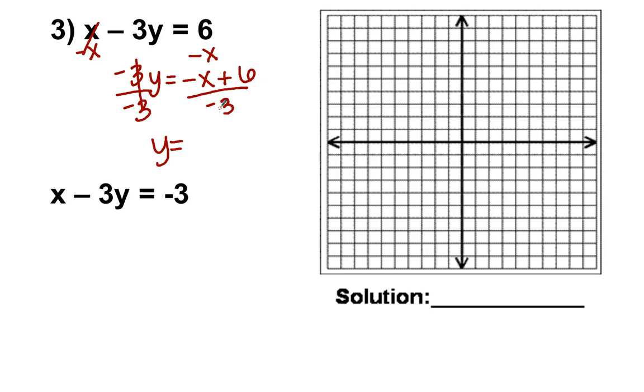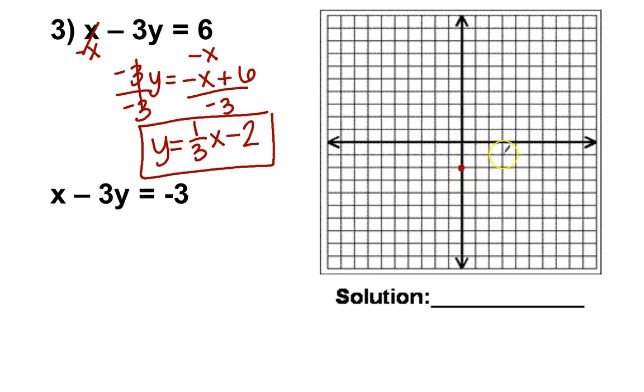Now 1 divided by 3. A lot of kids are going to put 3 here, but that's incorrect. If you use your calculators or our heads, 1 divided by 3 just reduces to 1/3. 1 over 3 x. A positive divided by negative is a negative, and 6 divided by 3 is 2.